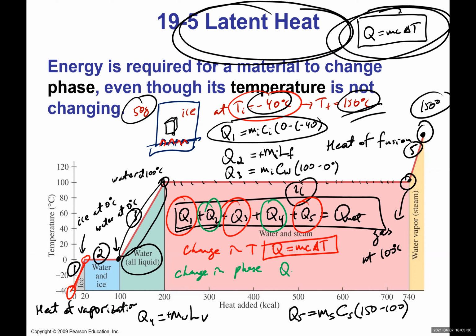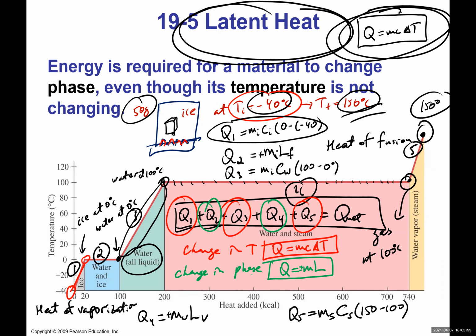For that, we use the equation Q equals plus or minus mL, where L can be LF or LV, either fusion or vaporization. Make sure you understand you're dealing with two different types of heat equations: one changes just the temperature of a substance without any change of phase, and the other only undergoes a change of phase without changing the temperature.